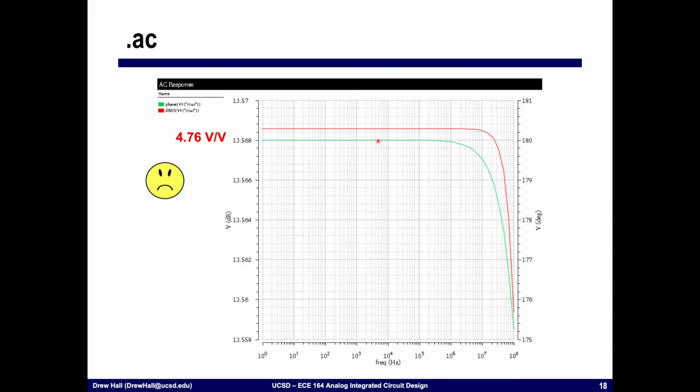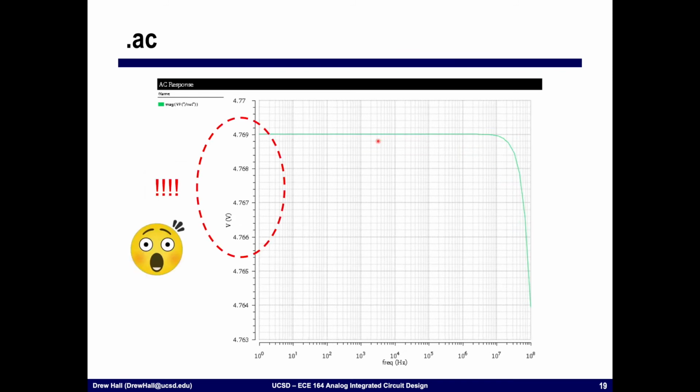The other interesting thing is that if I was to take this out of decibels and put it back into just volts, if you look here, it seems like I could have an output voltage, the magnitude of V out, that was 4.79 volts. Okay?